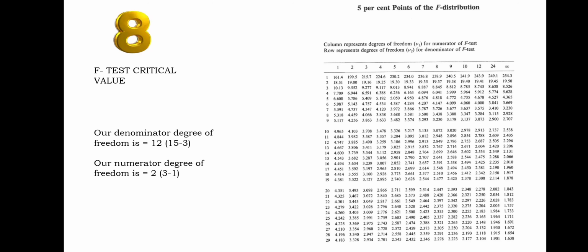It means when we have a 5% fear that our sample will not represent the population, our critical value for this 2 degree of freedom is 3.885. Now once we understand the table, we can finally understand our last step, that we will compare the F-test statistical value to the F-test critical value.